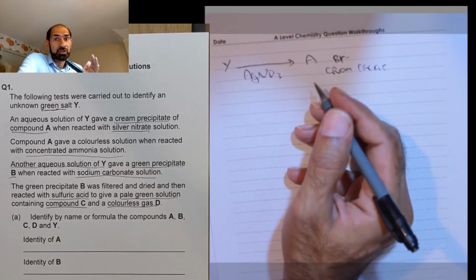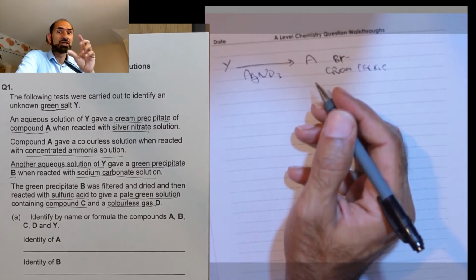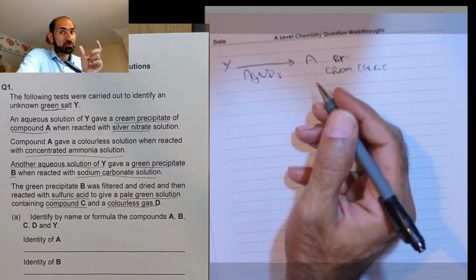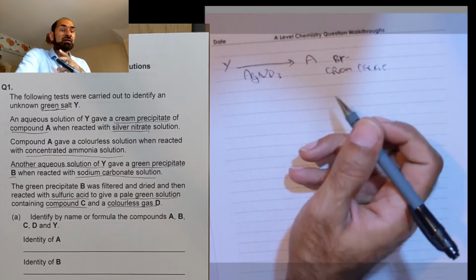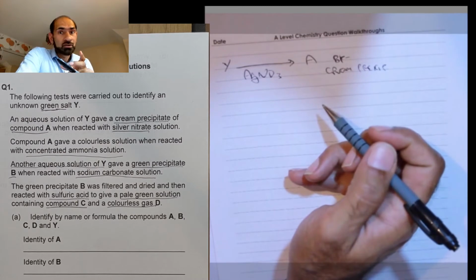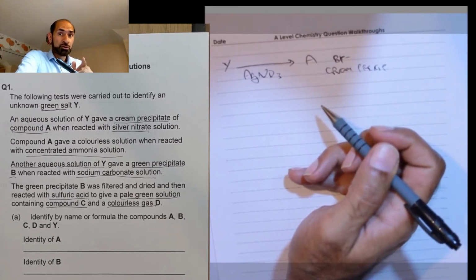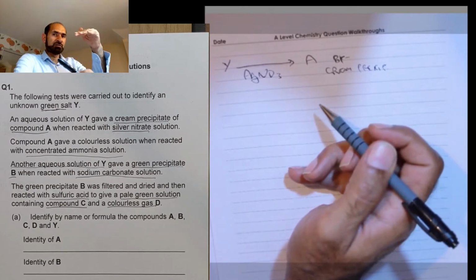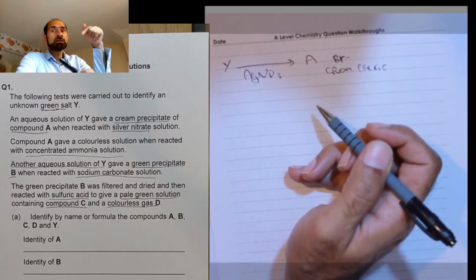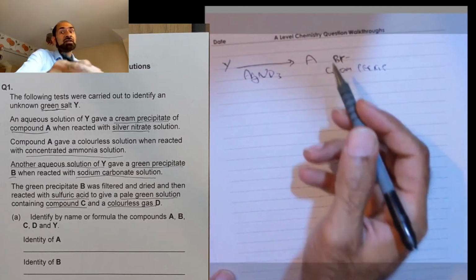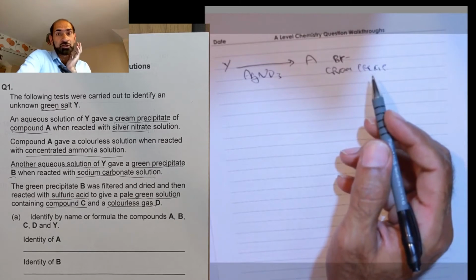So what we do is we can add dilute ammonia, and dilute ammonia will dissolve the white precipitate if it was a chloride. The bromide will not dissolve in dilute ammonia solution. So if you've added dilute ammonia and nothing happens, you then add concentrated ammonia, and if it dissolves, you know that the precipitate was due to bromide.